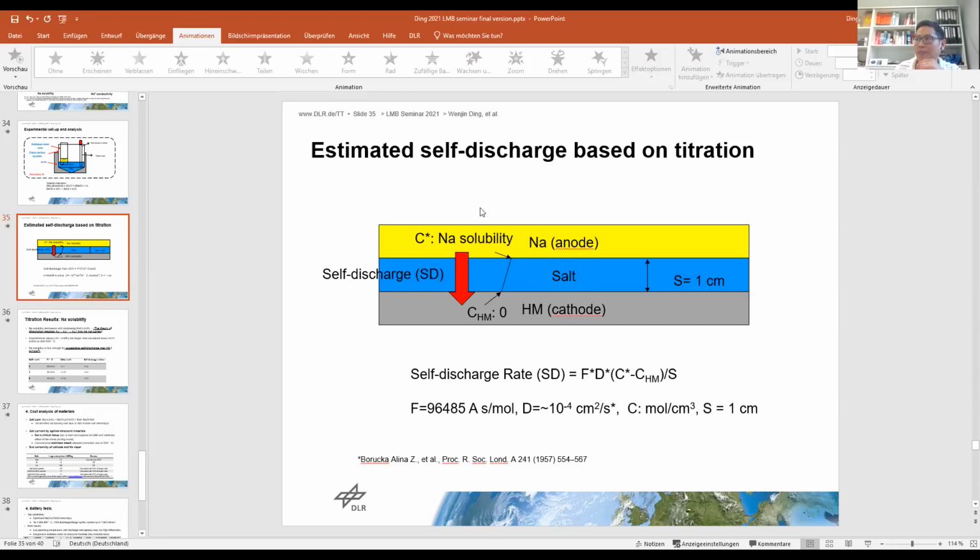If we want more knowledge, we need more study, for example setting up a test cell with a defined concentration gradient and measuring how the concentration changes. Then, using the simulation value, we can know the self-discharge rate.